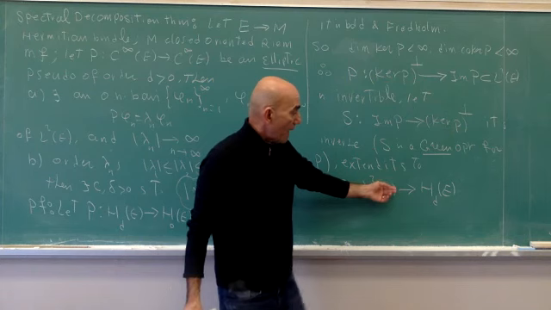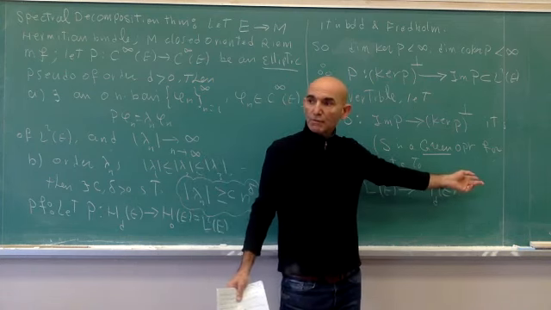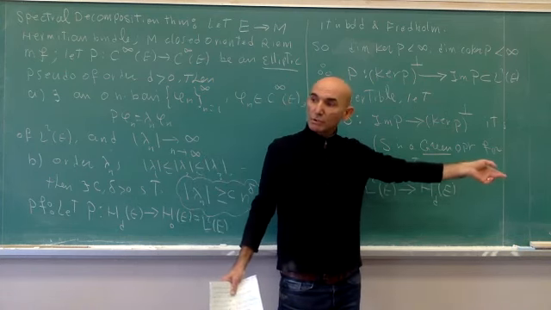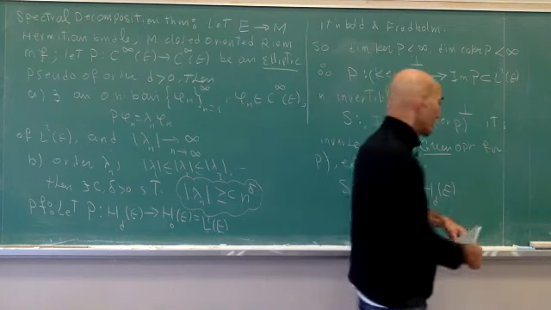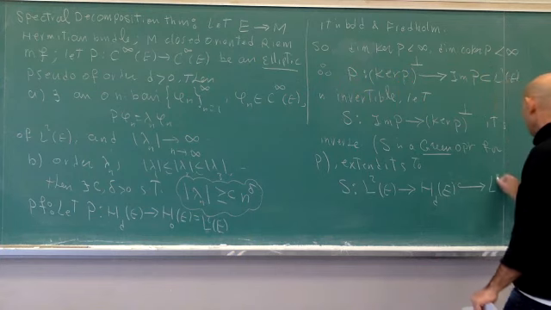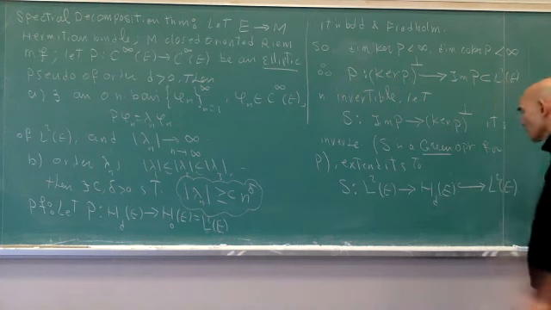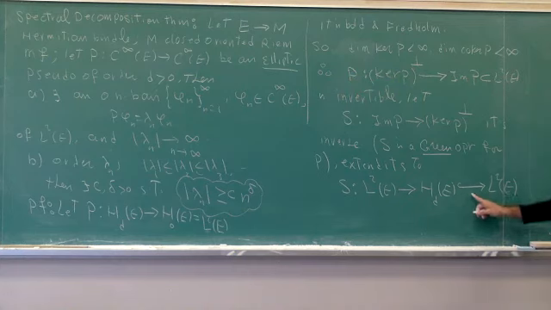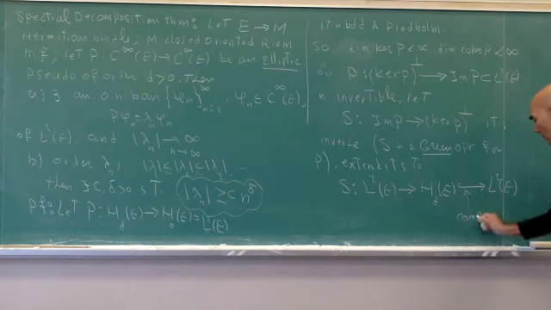Then I compose this operator with the embedding of H^d into L2 of E. Now, by Rellich, we know that this is a compact operator because we are over a compact manifold. So this is a compact operator by Rellich's lemma.